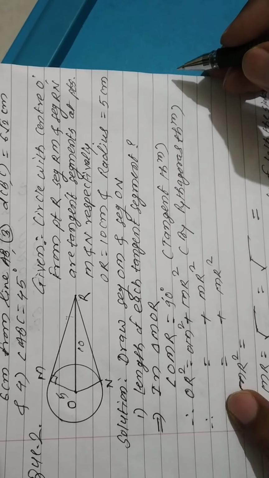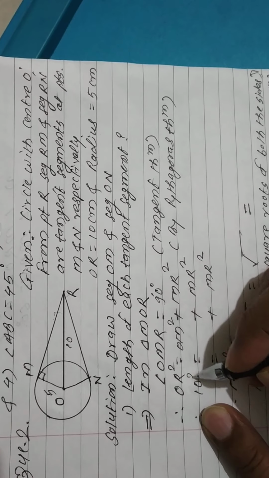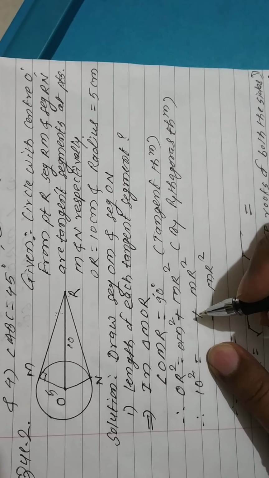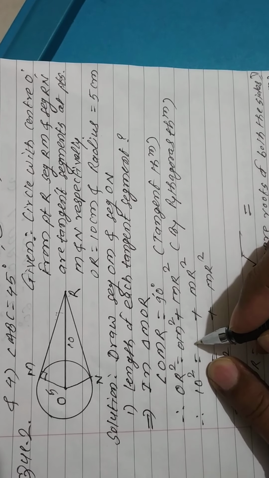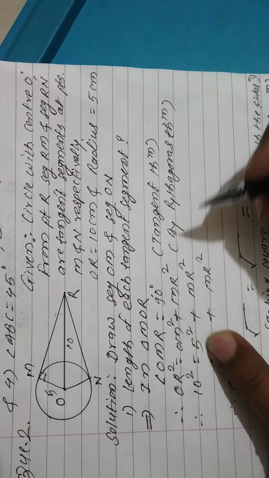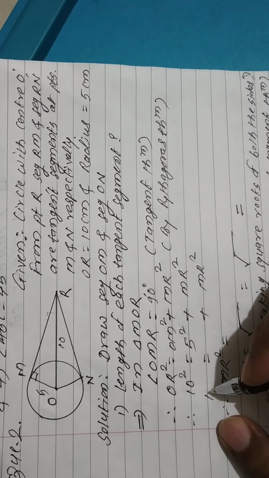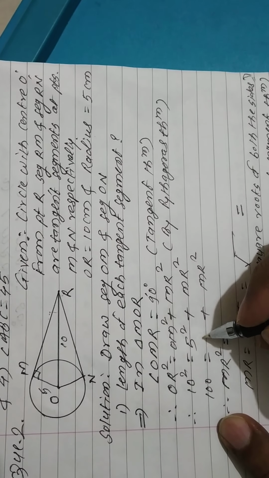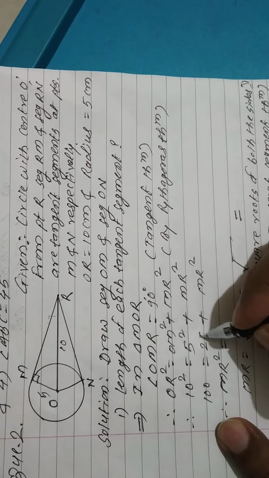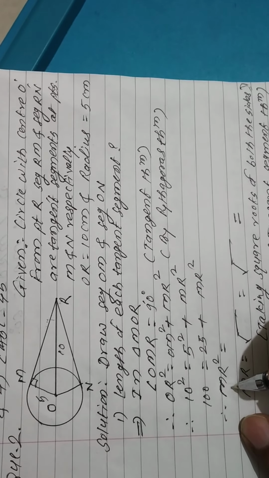OR is 10 given, its square, therefore 10 square, is equal to OM is 5 given, its square, plus MR square. 10 square is 100, 5 square is 25, plus MR square.